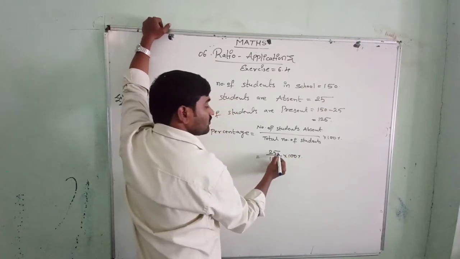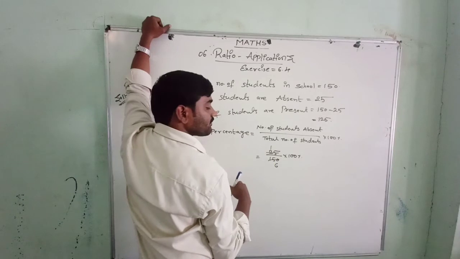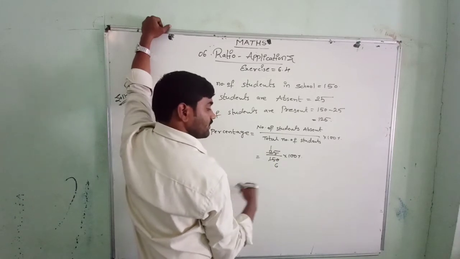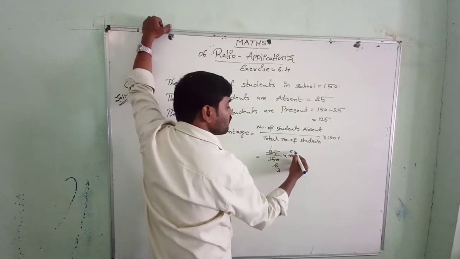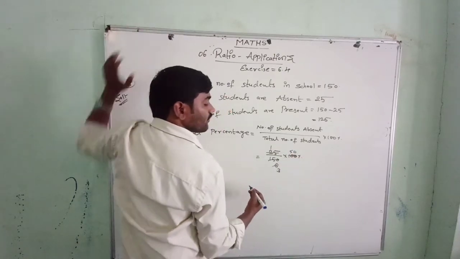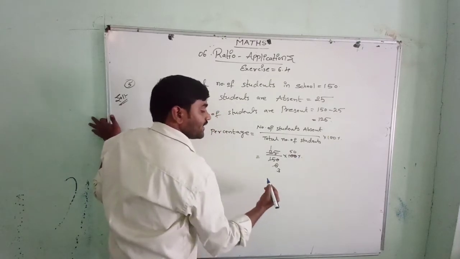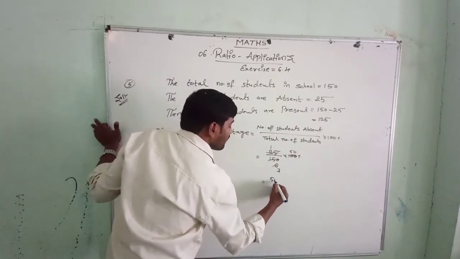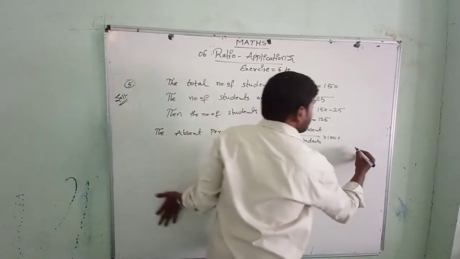See, 25 ones are 25, 25 sixes are 150. 2 fives are 10, 2 zeros are 0. That is 250 by 150 into 100. That means we got 50 by 3 percentage. The 50 by 3, let us divide.